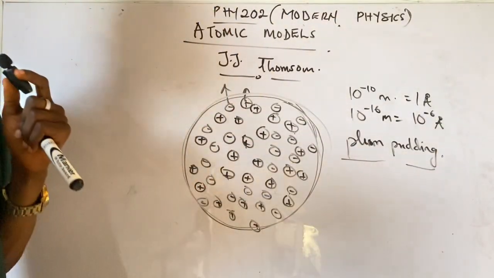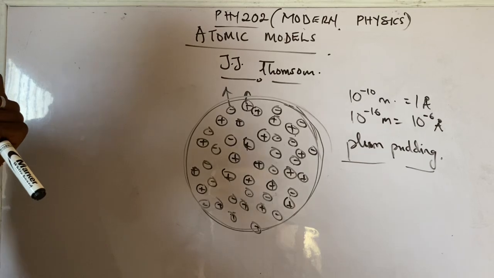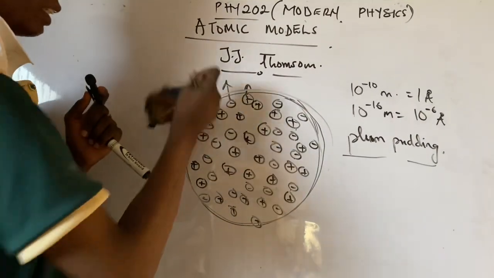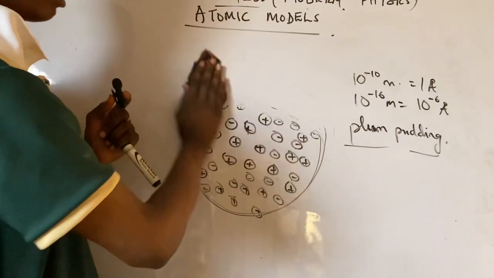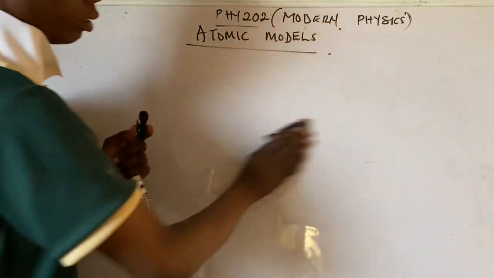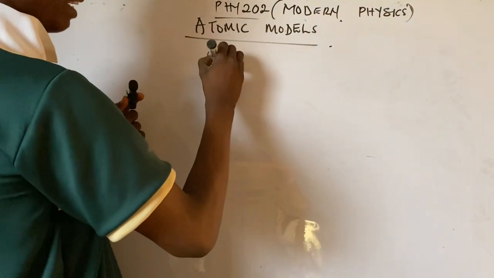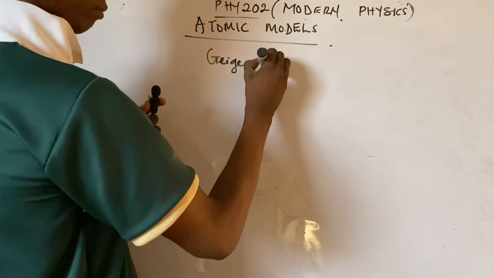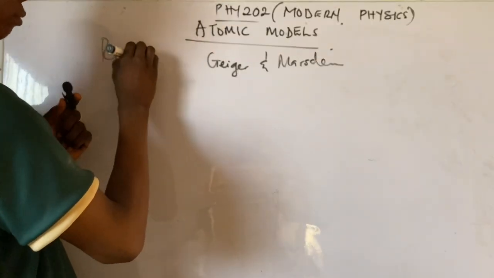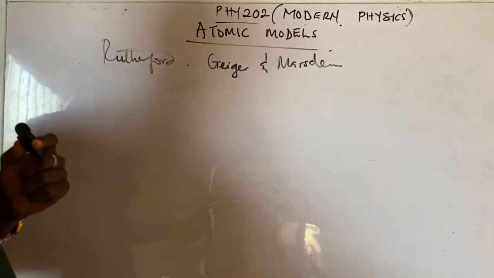After J.J. Thomson's work, they came to do one or two things again. Rutherford did a lot of work on that, for which he won the Nobel Prize in chemistry. Rutherford, alongside his students Geiger and Marsden, advised them to do this.